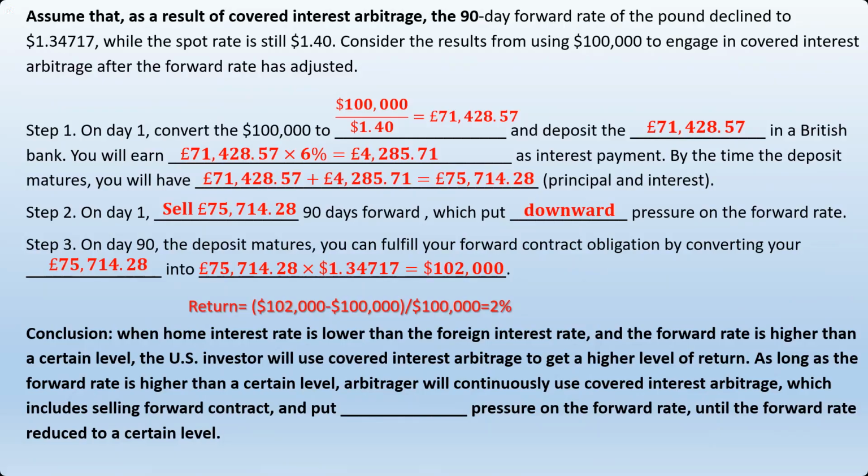They're gonna sell forward contracts and put downward pressure on the forward rate until the forward rate is reduced to this level, 1.34717. This status is called the interest rate parity. This is the interest rate parity.